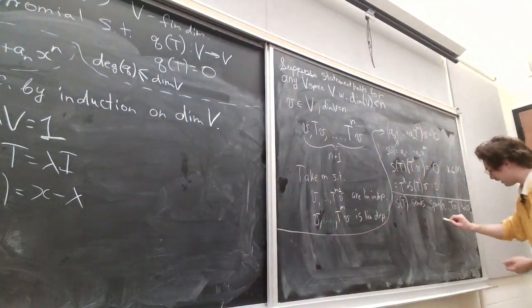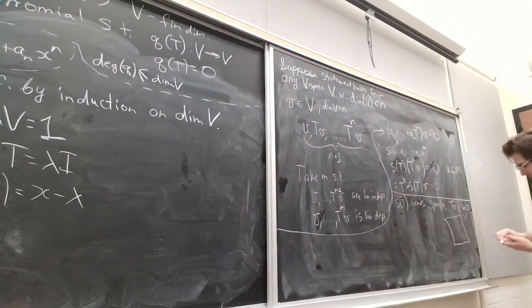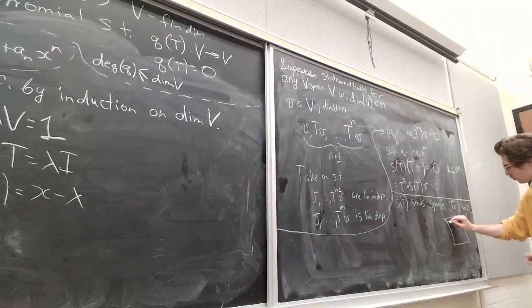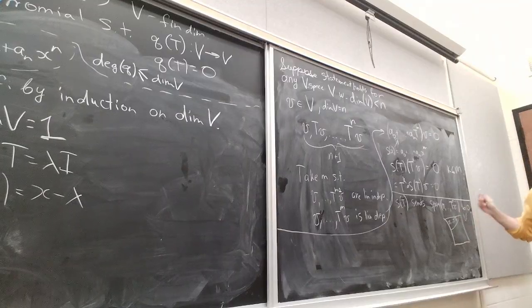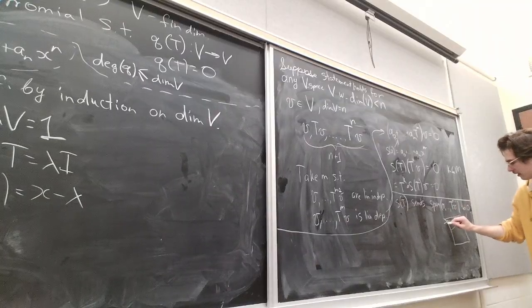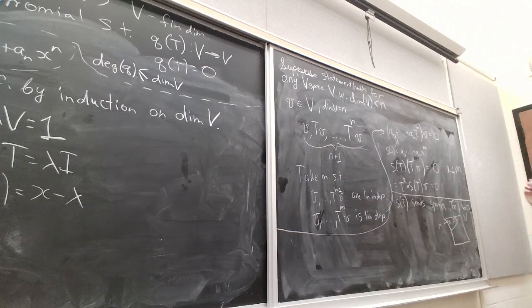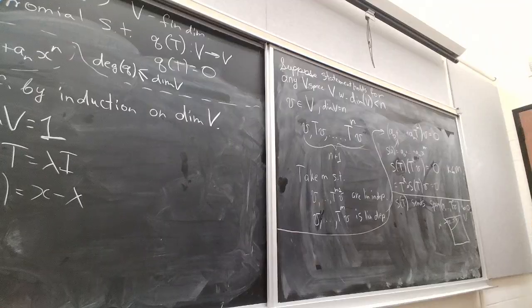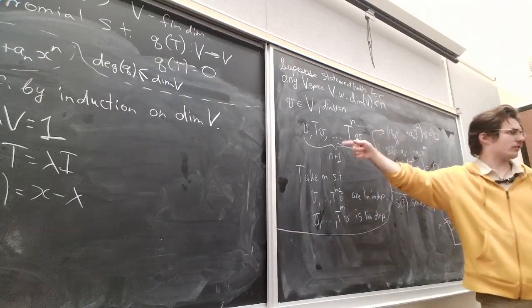I had my vector space V, do you agree? And I carved out a chunk which is spanned by v, dot dot dot, T^(m-1) v. What's the dimension of this chunk? How many vectors are here? M. So this is an m-dimensional chunk, and m is necessarily less than the dimension of V because we chose a linear combination of n plus 1 vectors.